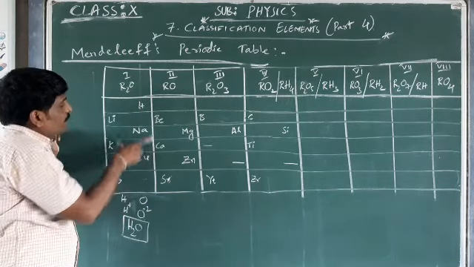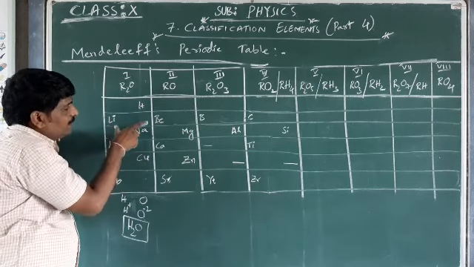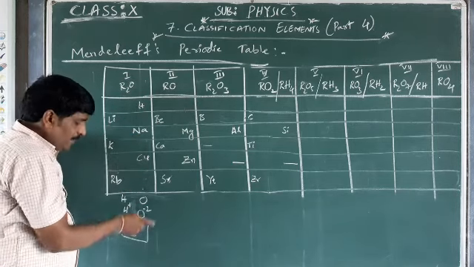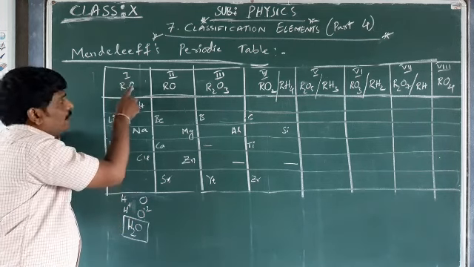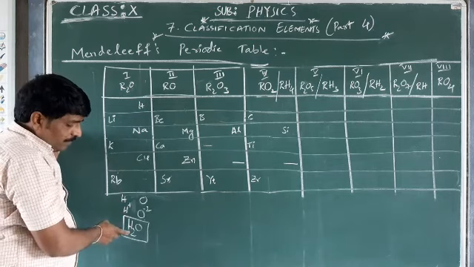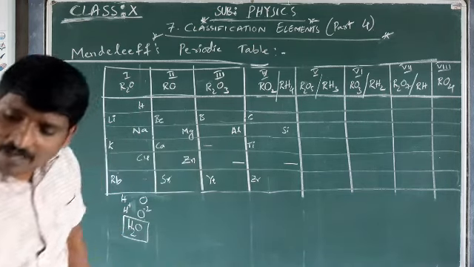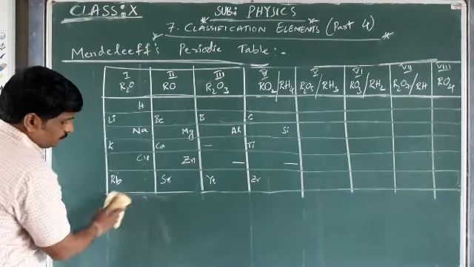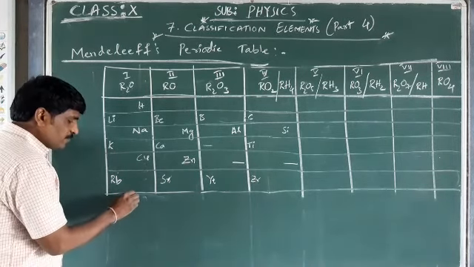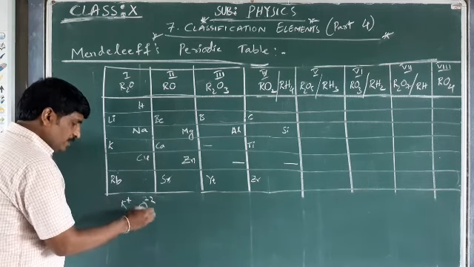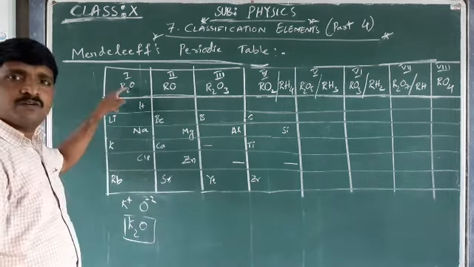Any element you pick from this group, if it reacts with oxygen, is going to give a compound in the form of R2O. See, H2O is in the form of R2O. If I take one more element, potassium K, K has +1 and oxygen -2. If we crisscross, we get K2O, a compound in the form of R2O.